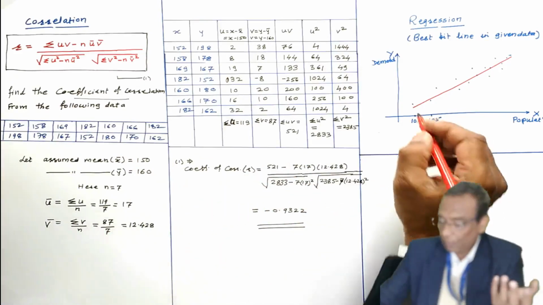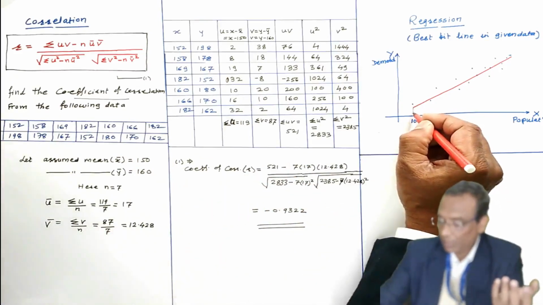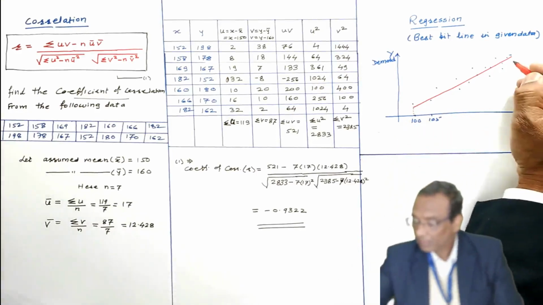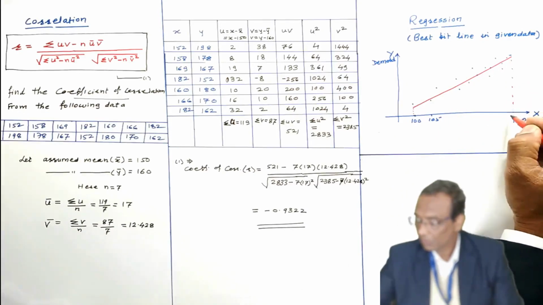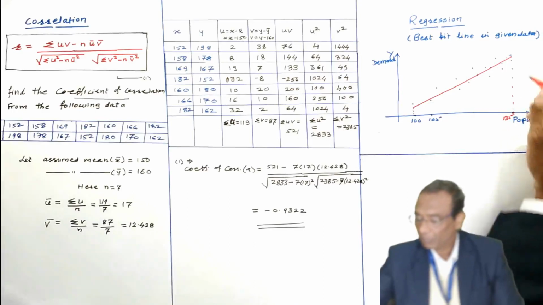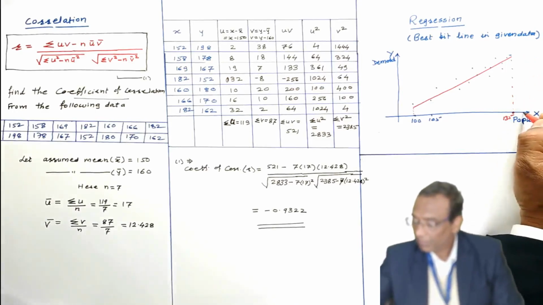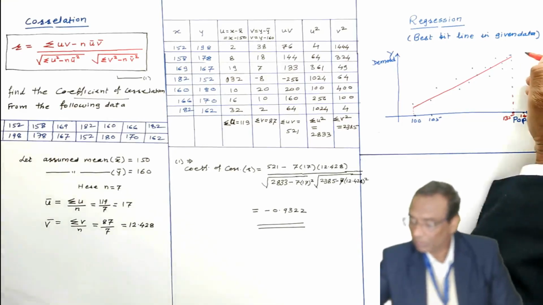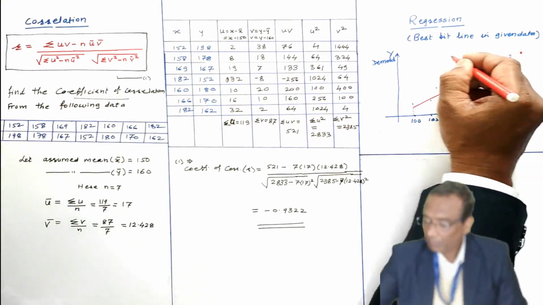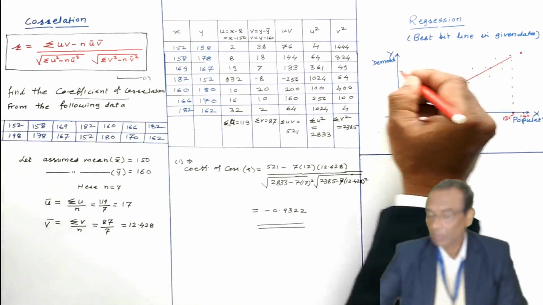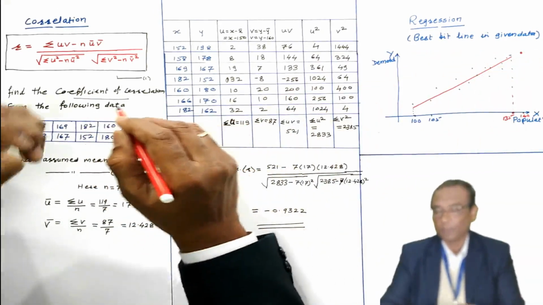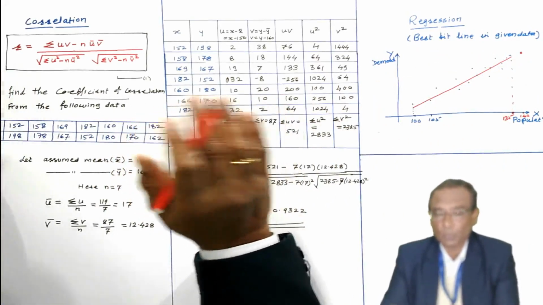And once you get the line of best fit, then, this data being up to 2020, when the population is 135 crore, or when the population will be 140 crores, then the demand will be this much. This is the significance of the best fit line. That is what is called the line of regression.